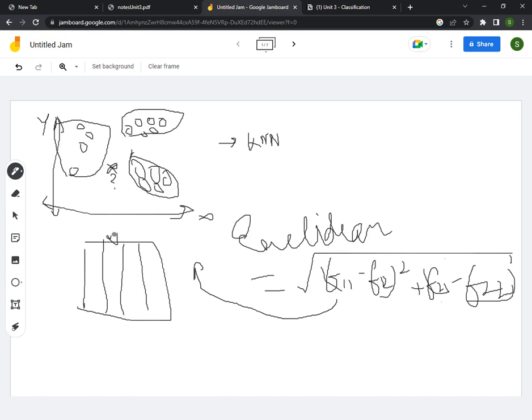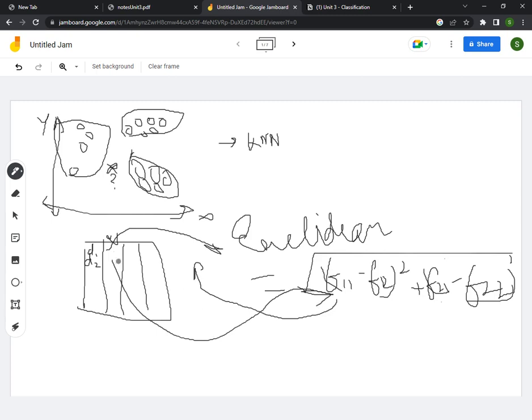The value f11 is the value of feature 1 of data element 1. So this is data element 1, this is data element 2, and the feature 1 of data element 1 is f11. Similarly, f12 is the feature 1 of data element 2.